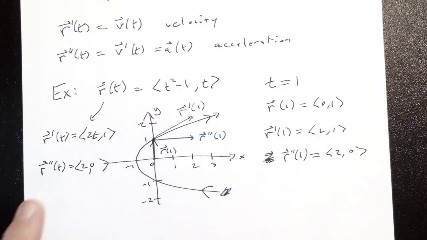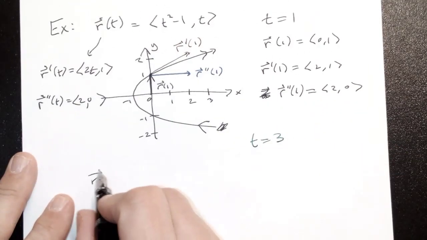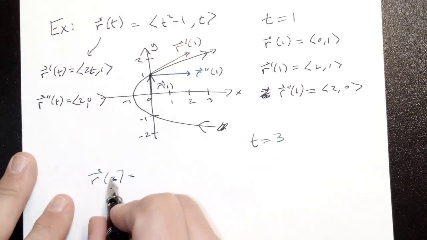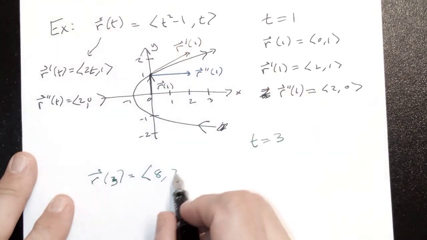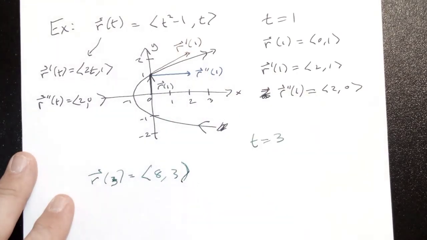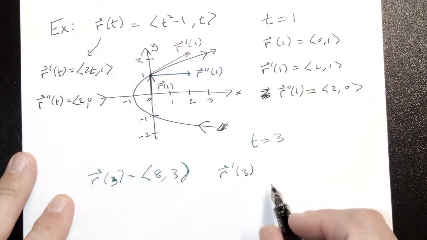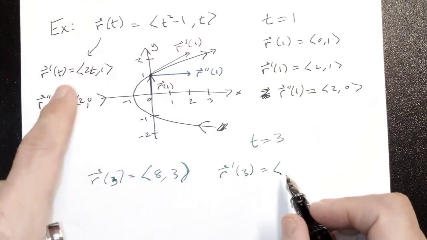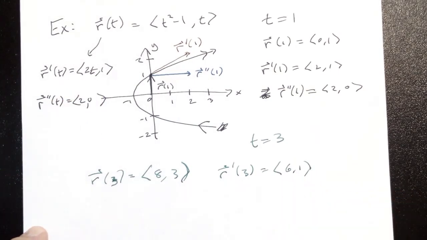Okay, so if I'm looking at t equals 3, then my position vector, r of 3, 3 squared minus 1 is 8, comma 3. r prime of 3, 2t comma 1, will be 6, 1, and r double prime of 3 will still be 2, 0.